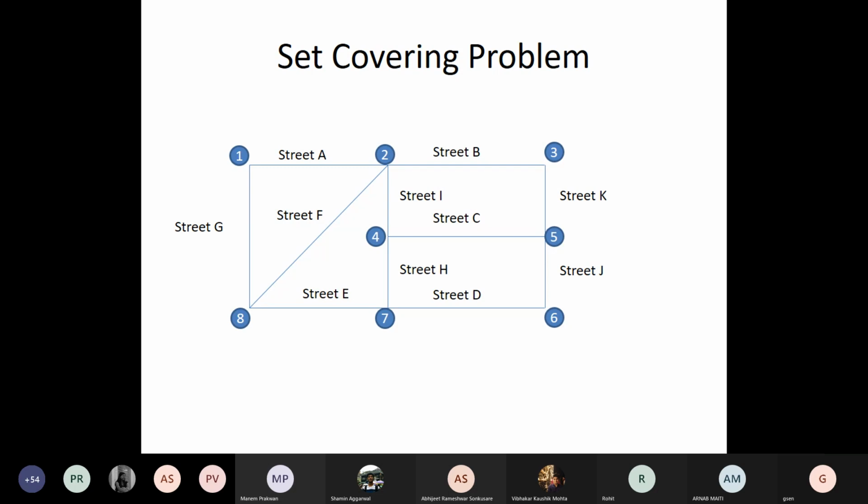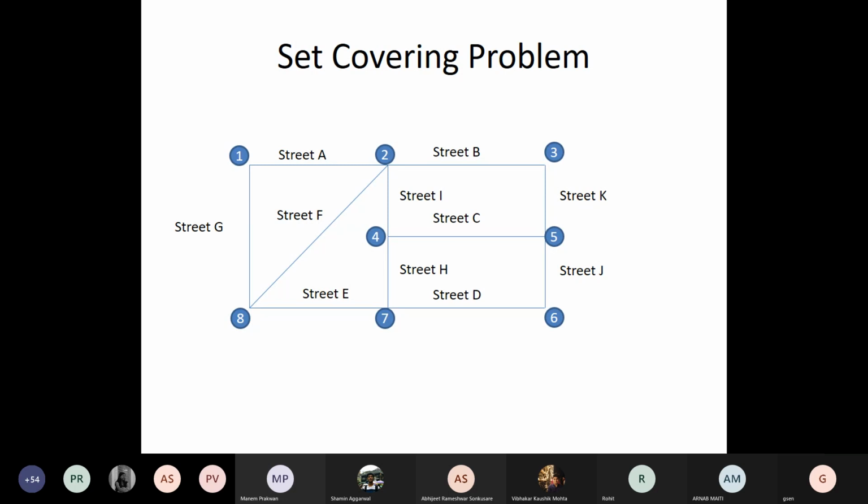What would be the constraints? If there are two nodes, say 1 and 8, with an edge between them, we have to keep x1 plus x8 equal to 1, since that edge has to be covered. Correct. So here the condition is a covering constraint: each edge has to be covered.